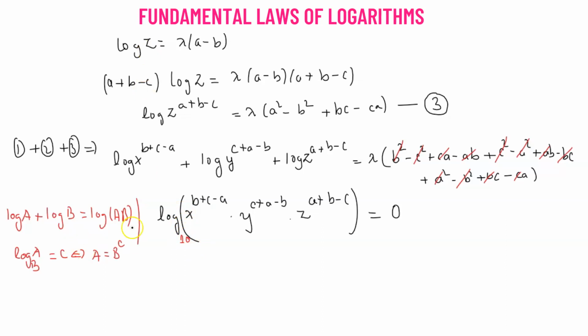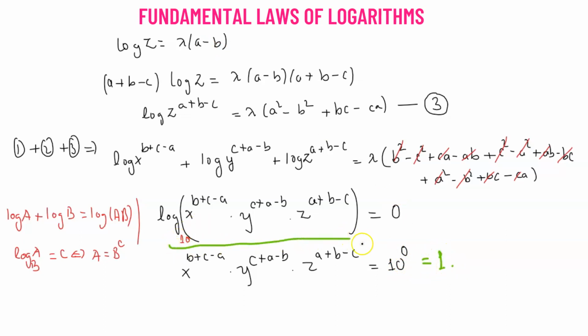So using the definition of logarithm, on the left hand side we have x raised to the power of b plus c minus a multiplied to y raised to the power of c plus a minus b times z raised to the power of a plus b minus c, which equals 10 raised to the power of 0. And we know that 10 raised to the power of 0 equals 1. So this is going to be the final value of the given expression, which is 1.